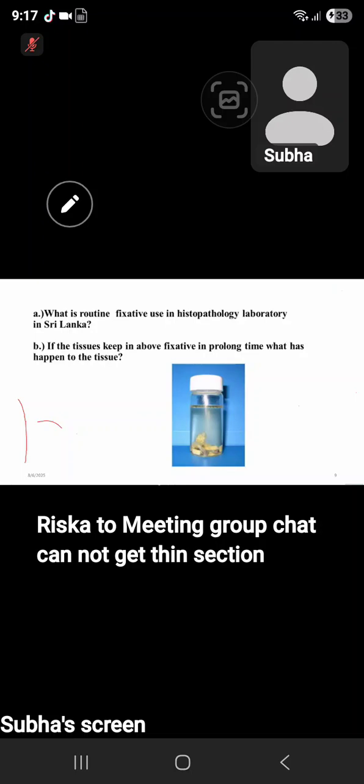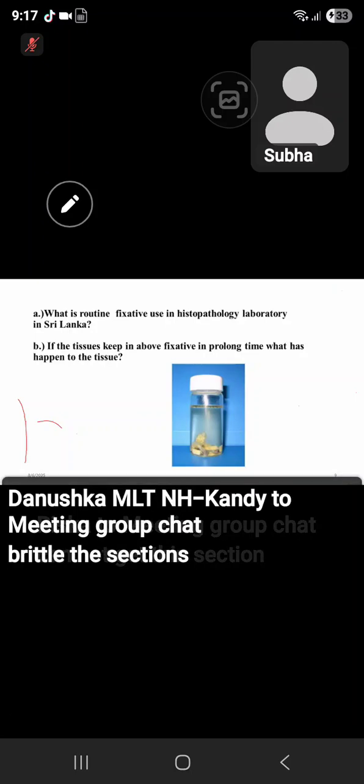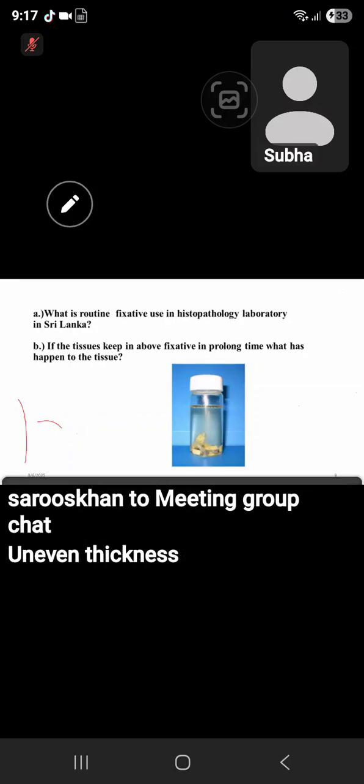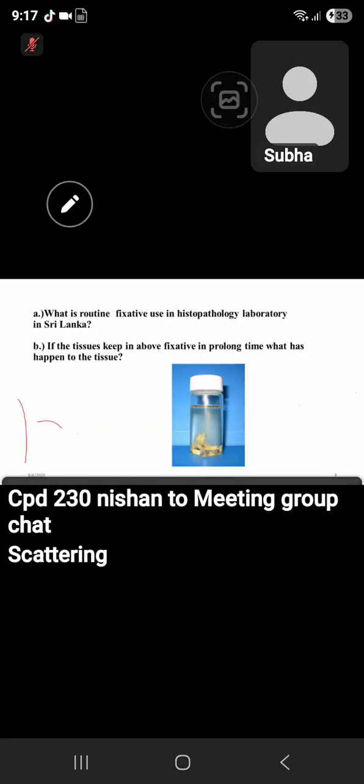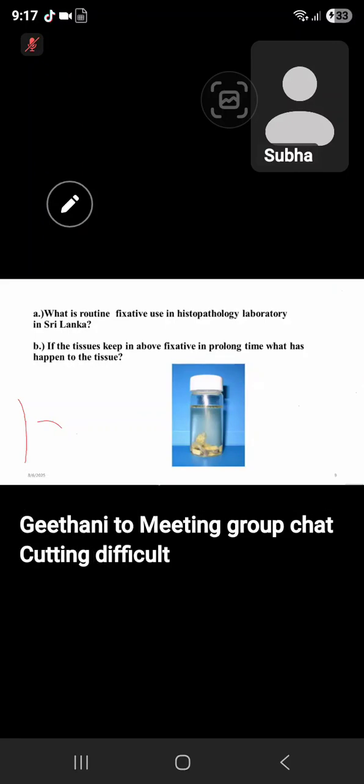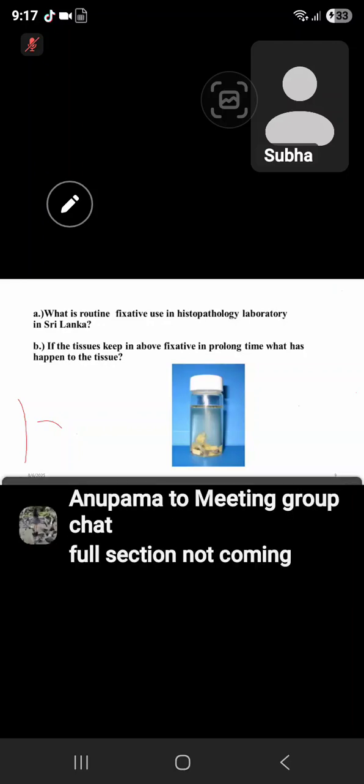My question is during microtomy. Yes, cannot get thin sections, brittle sections, uneven thickness. So you have to give the reason. Due to over fixation, cutting difficulties.